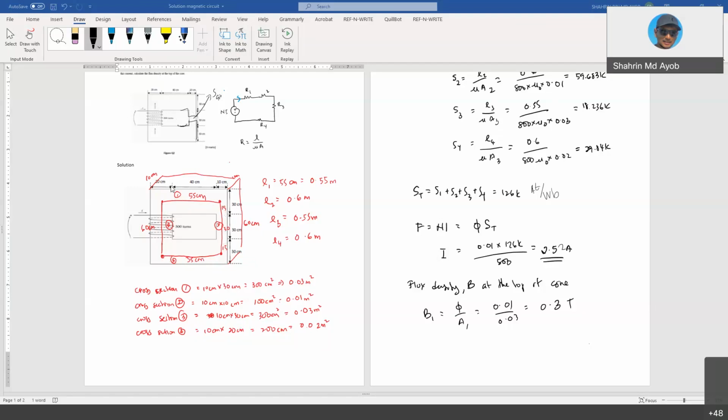But if they give you this section 20 centimeter, this section, then you need to calculate every section. I assume this is the first section, this is the second section, third section, and so on.